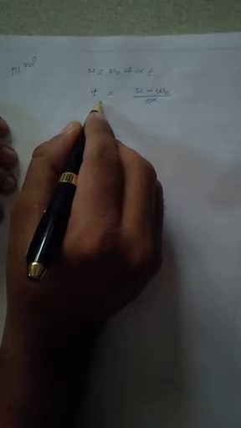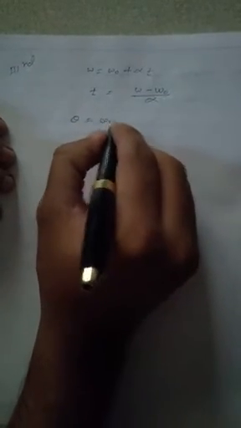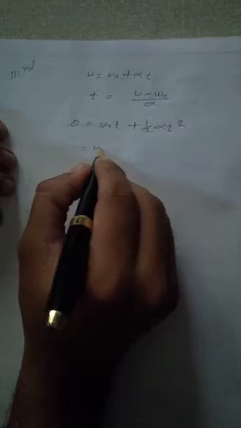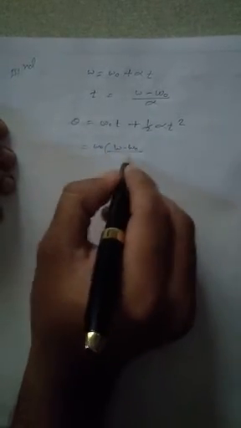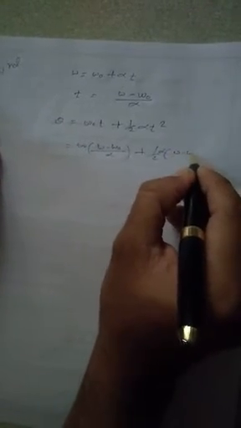We put this into the second equation, that is theta is equal to omega naught t plus half alpha t square. So theta is equal to omega naught times omega minus omega naught divided by alpha, plus half alpha times omega minus omega naught whole square divided by alpha square.